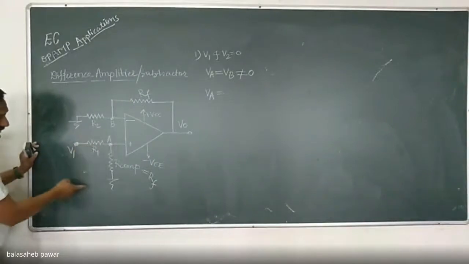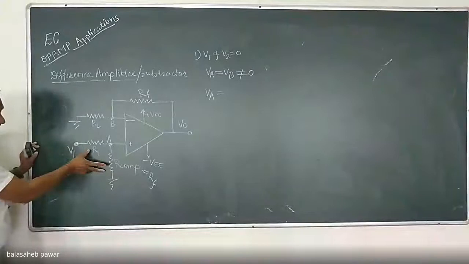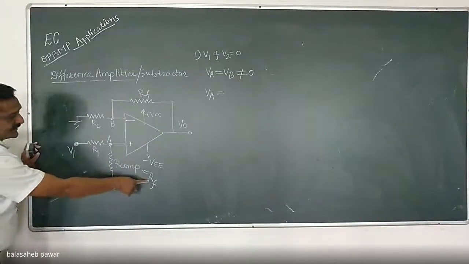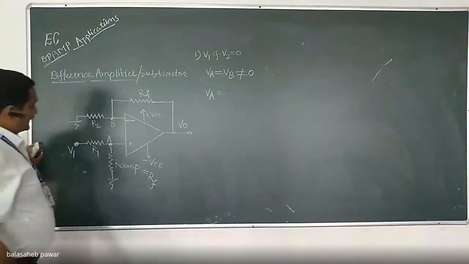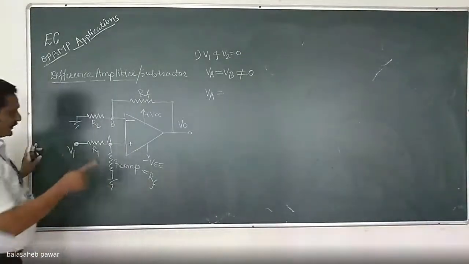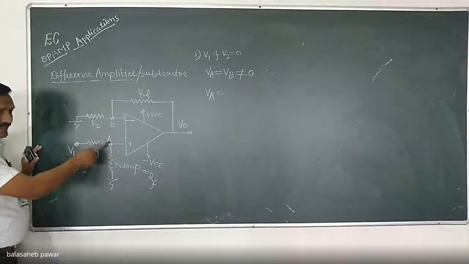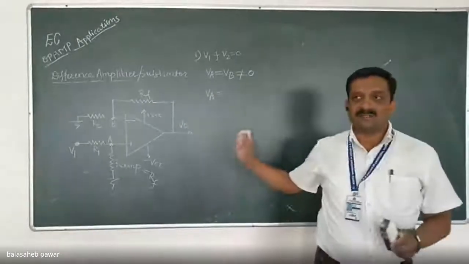We have to find the node voltage obtained by two series connected resistors, R1 and R compensating, where R compensating is equal to RF. VA will not be equal to V1, remember, because VA is obtained by the voltage divider formed by R1 and R compensating.